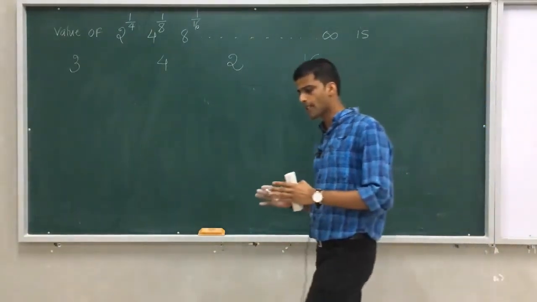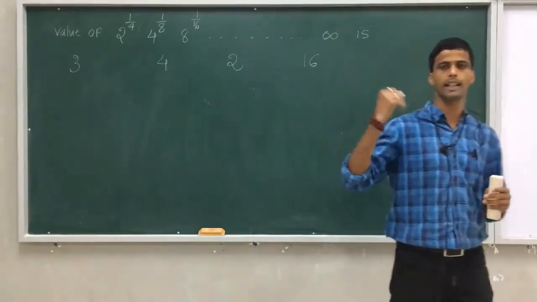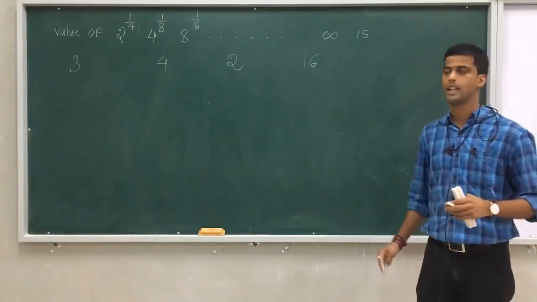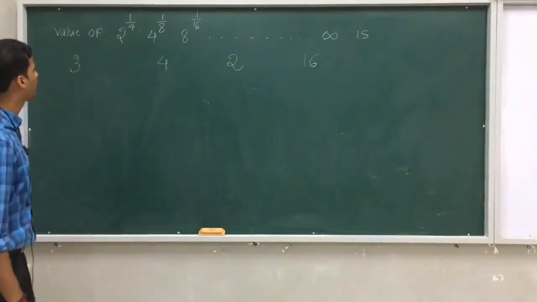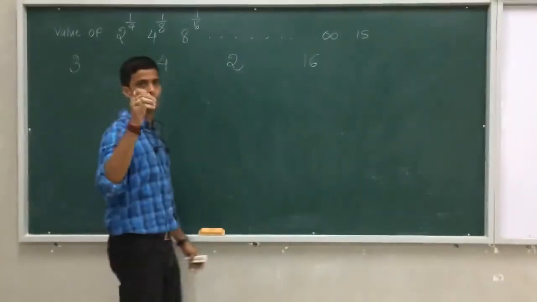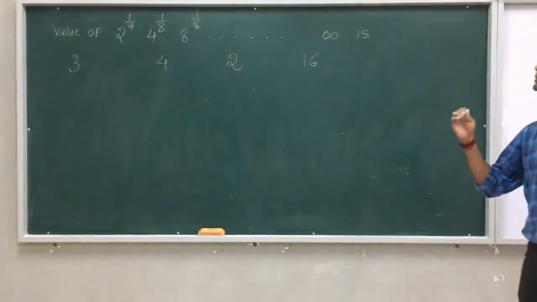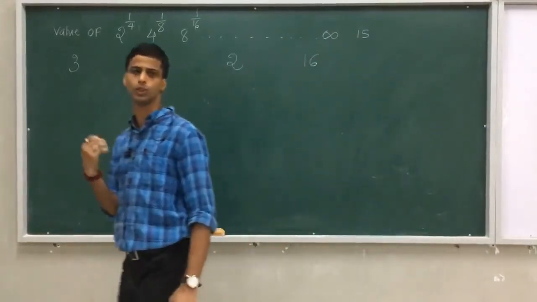What we have done in the previous problem is, they had given 3 power 1 by 3, 3 power 1 by 9, like this. Everywhere 3 is constant. But here, this is the problem where all bases are different: 2, 4, 8. Now the normal question comes, how to identify the solution, how to manage with the solution.